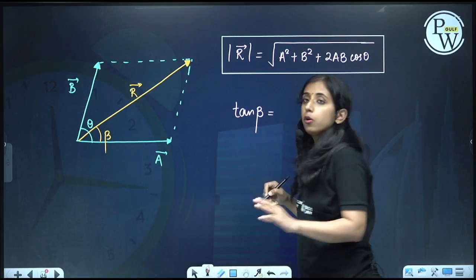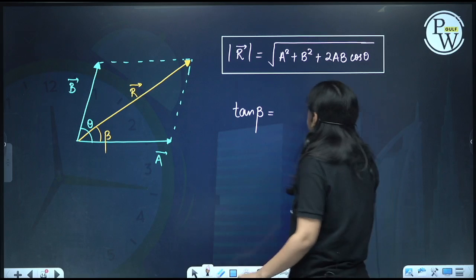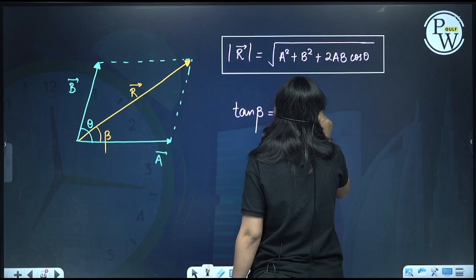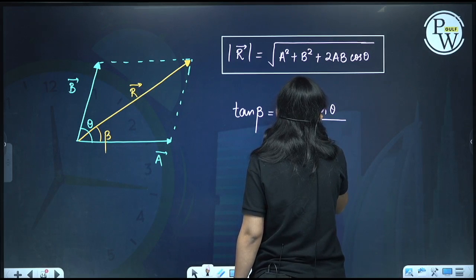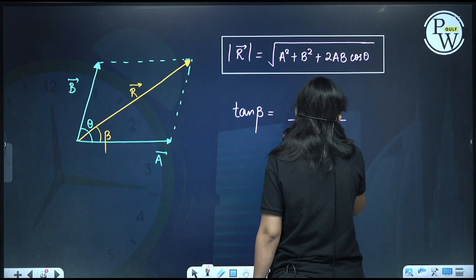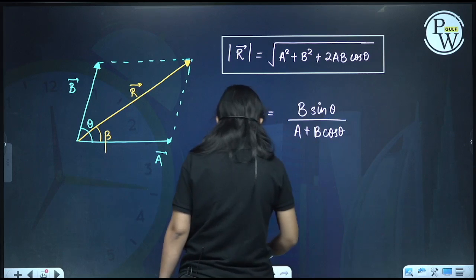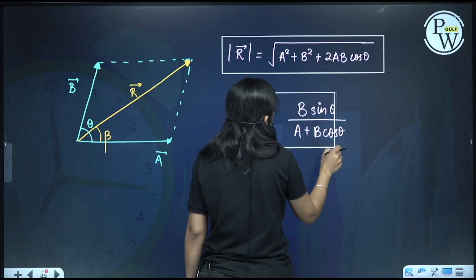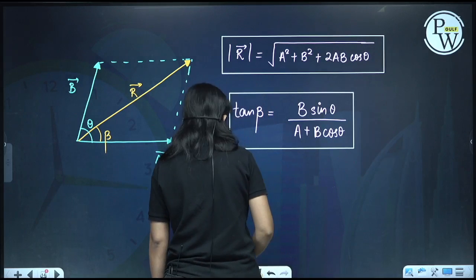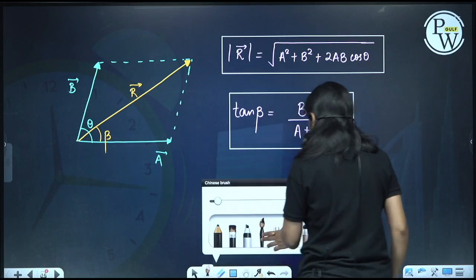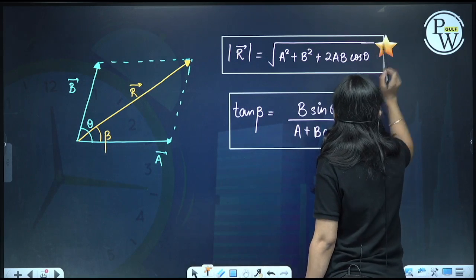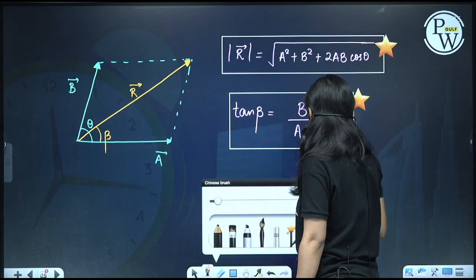In which direction will this R point? For that we have to calculate tan beta. So tan beta is equal to B sin theta divided by A plus B cos theta. So these two are very important formulae for the chapter.